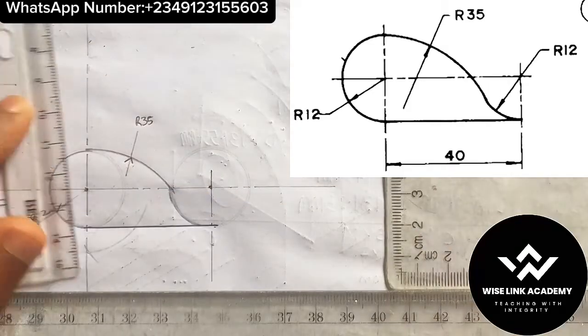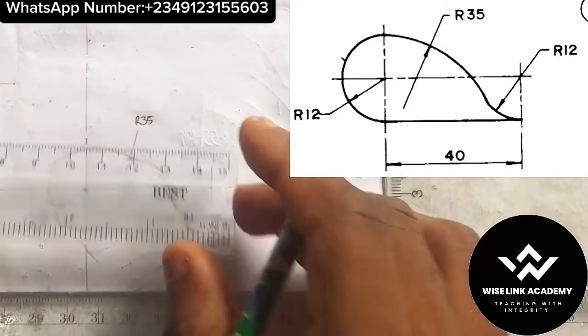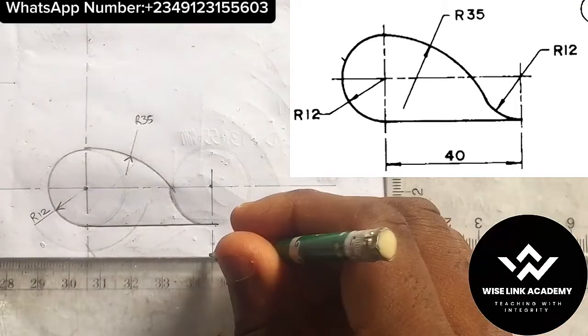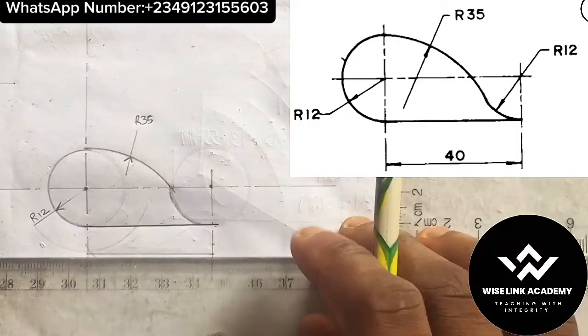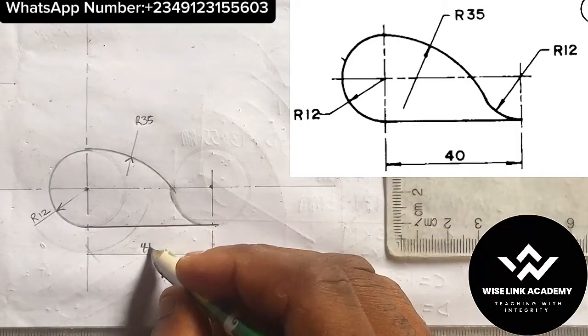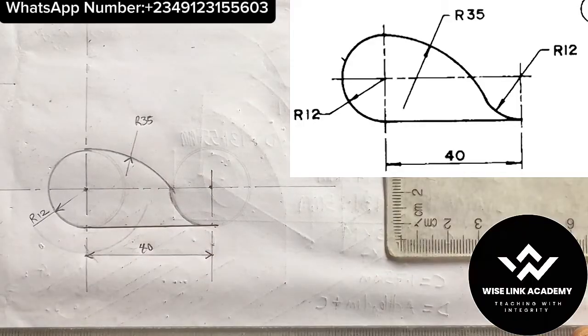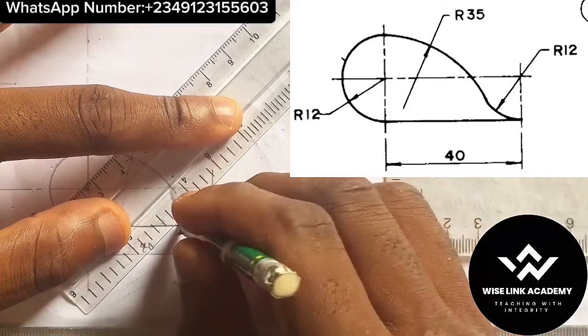I'm given dimension from here to here as 40. So from here to here is 40, right? Next up, there's a kind of radius here, R12.